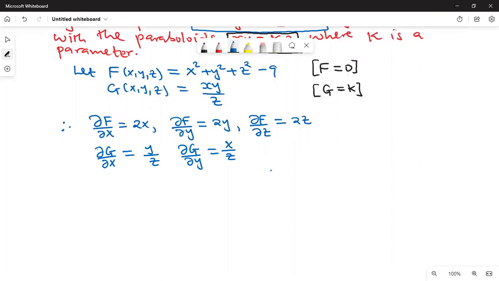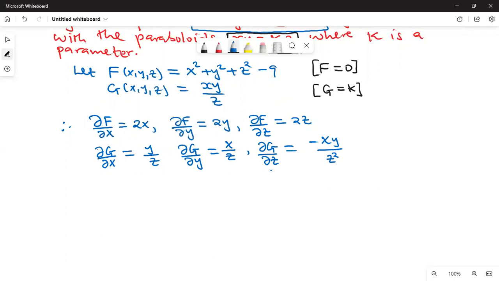And partial derivative of g with respect to z should give us negative xy over z squared. Remember, when you're evaluating partial derivatives with respect to one of the variables, you assume that the other variables are constants. And that's what we have done to be able to find these partial derivatives of f and g.